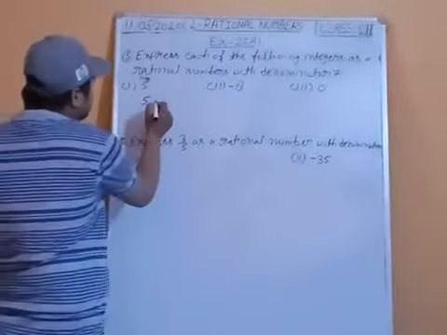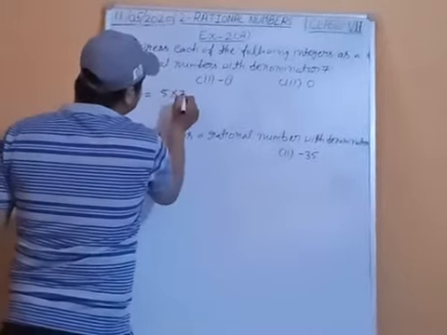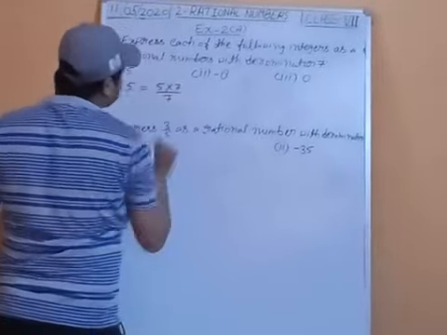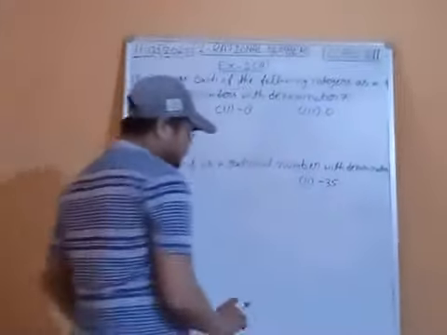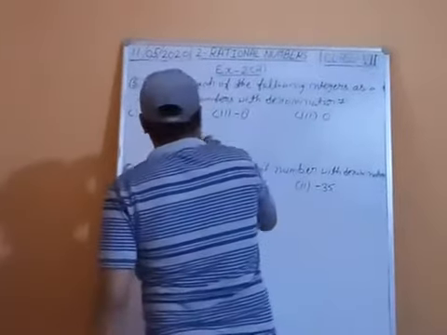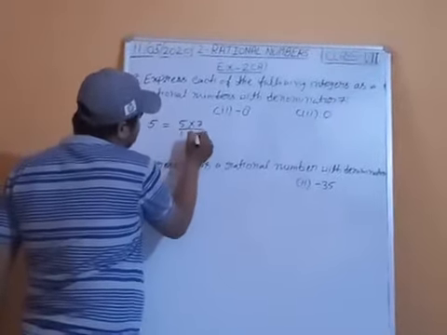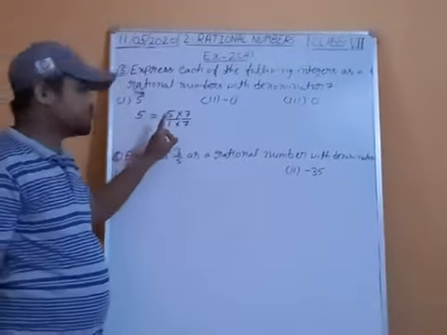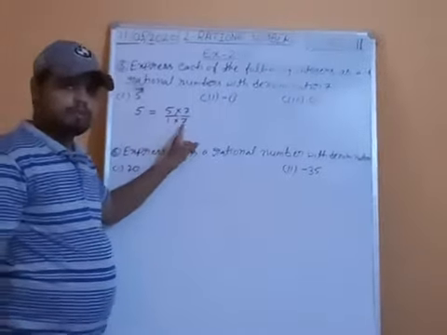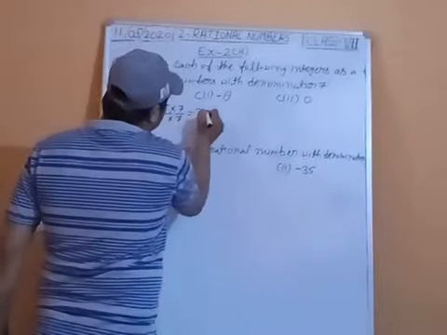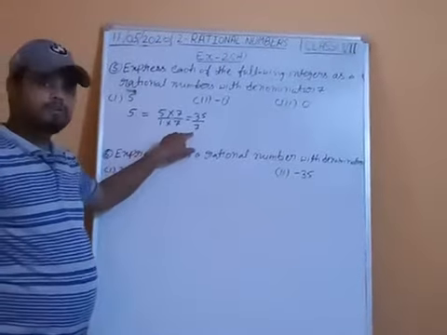So we write 5 upon 1, and multiply by 7 in both numerator and denominator: 5 multiplied by 7 upon 1 multiplied by 7. 5 7s are 35, 1 7 is 7. Now you can see the denominator is 7.